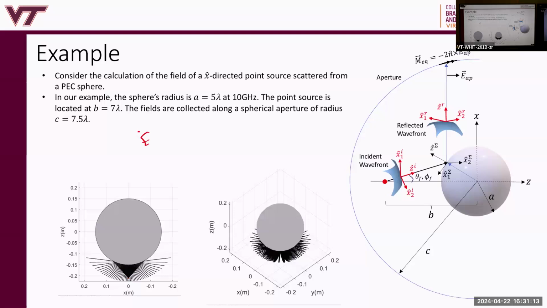All right. e to the minus j k r over r, theta hat cosine of phi minus phi hat sine of phi. What kind of phase front is this? What is the shape of the phase front? It's a sphere, right? It's spherical. This is it, e to the minus j k r. This is just the direction of the electric field. The phase front is e to the minus j k r, so that phase front is a sphere.